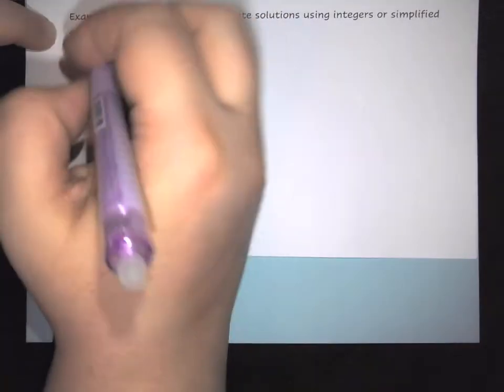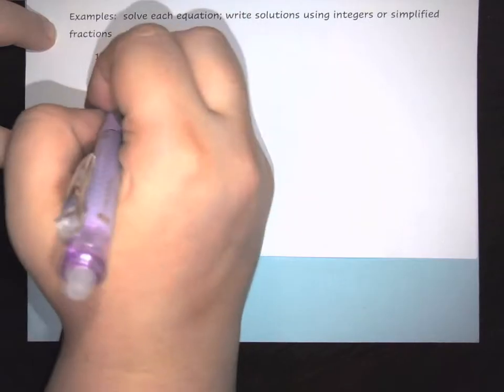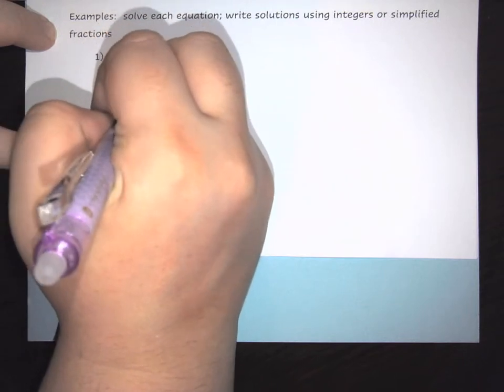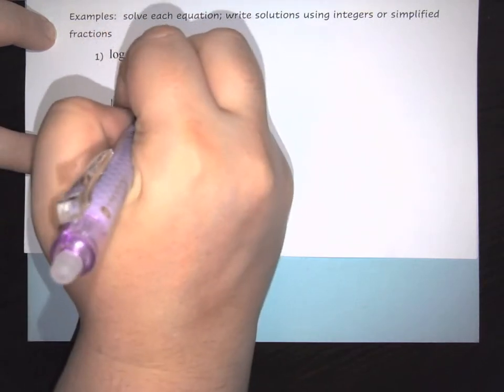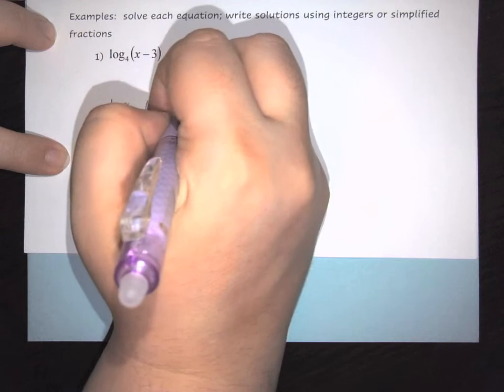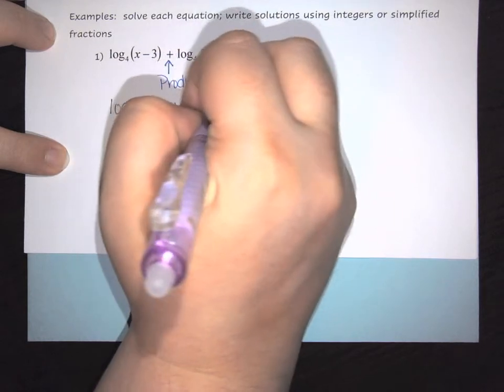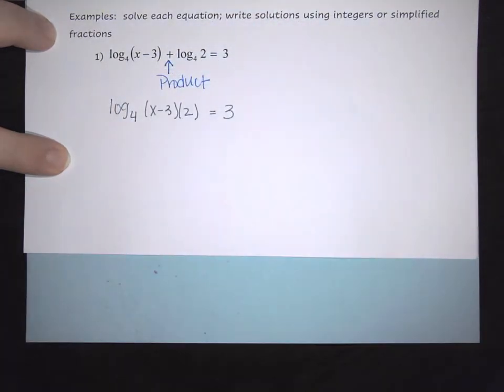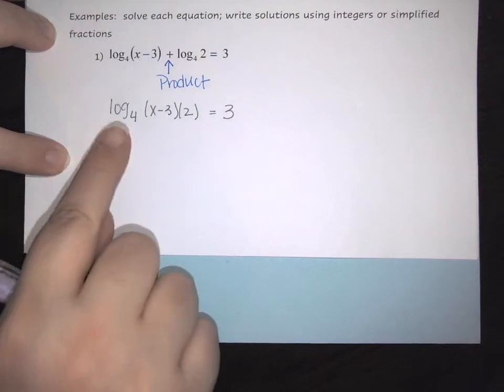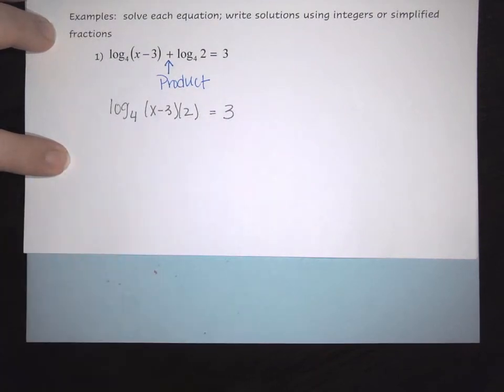So the product rule essentially says I'm going to take it from 2 logs down to 1. So I have log base 4 of (x minus 3) times 2 equals 3. Now here I have a log only on one side, so I want to use a very specific rule.